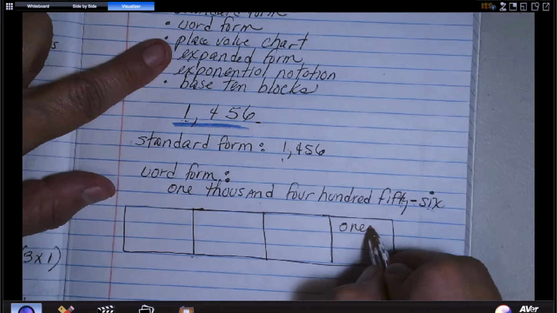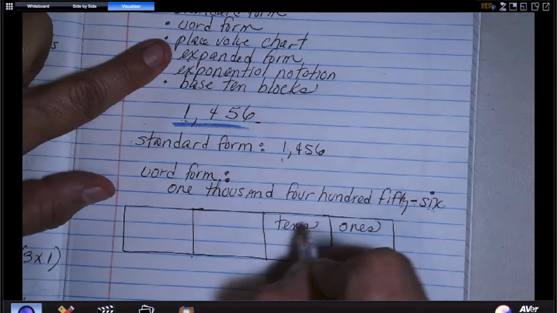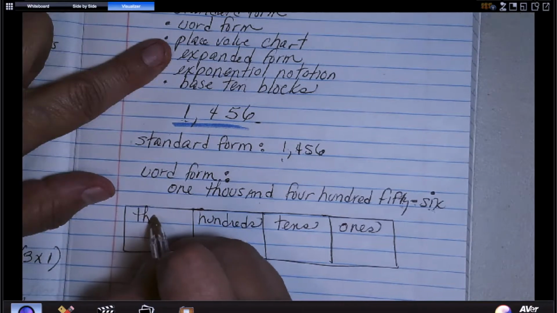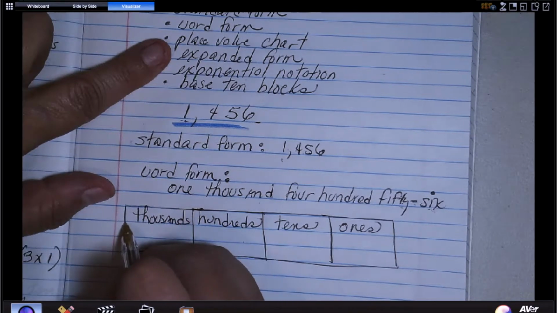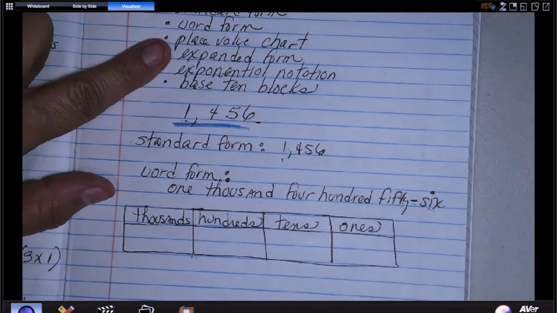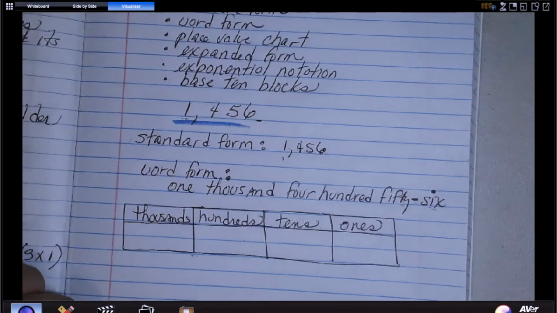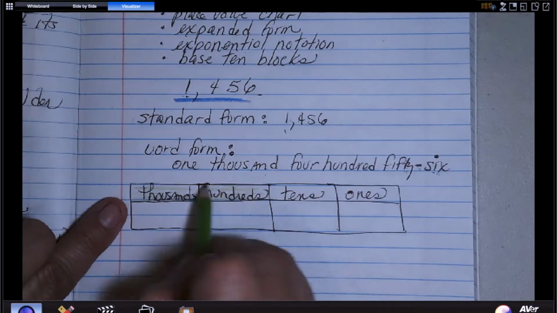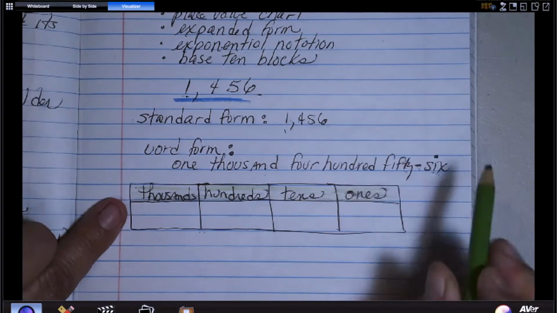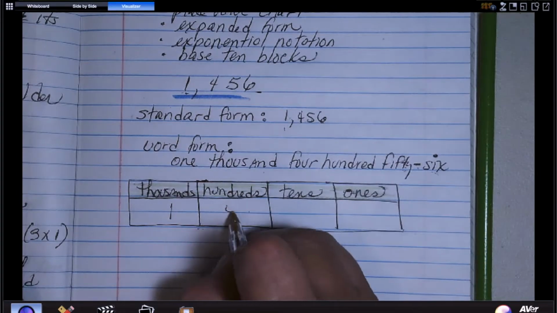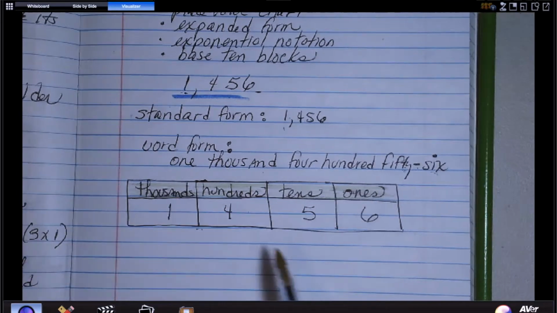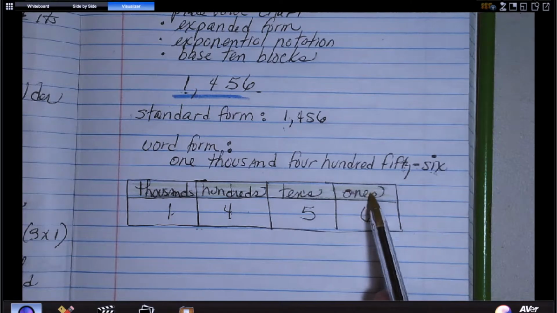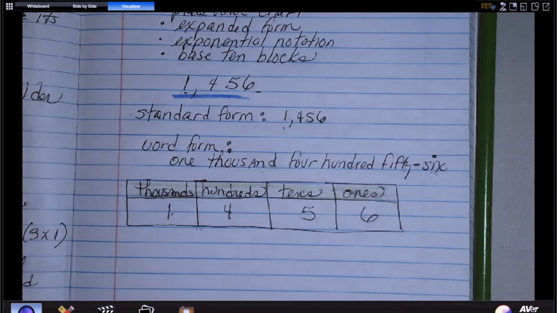So we have ones, tens, hundreds, thousands. One, 4, 5, 6. So 1 thousand, 4 hundreds, 5 tens, and 6 ones. So here's my place value chart.